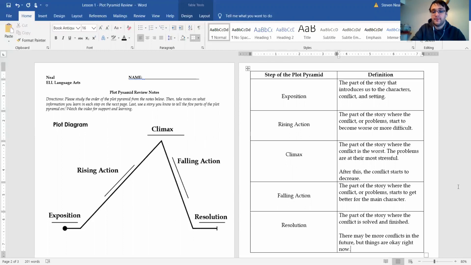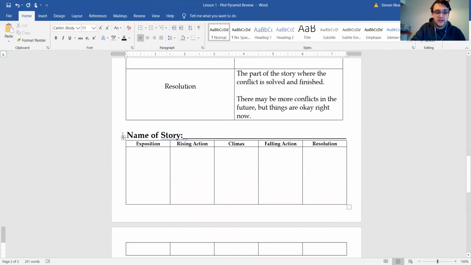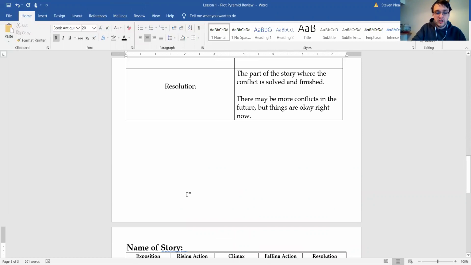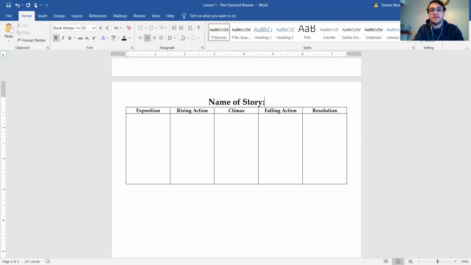Ready to come back? Okay. So to give us practice with this, we're going to look at a chart here. For practice, go ahead and make a chart or a table just like this on the screen and pick a story that you know very well.